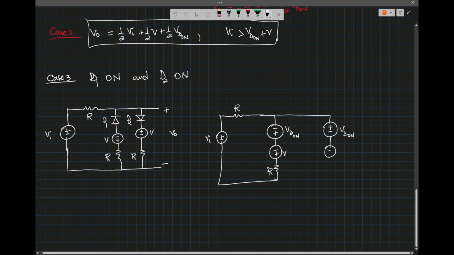I have V and the resistor R. So what I'm going to do, I'm going to write KVL.